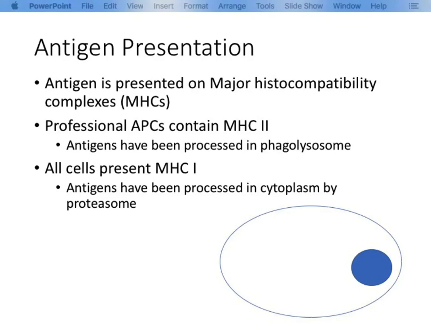But before we even get that T cell response, we actually have to have these MHC complexes loaded in some way. Loaded with that antigen, or loaded with the epitope. So there are two ways in which this could occur.